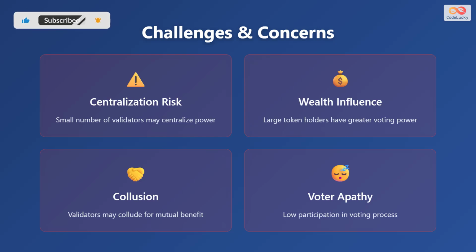Collusion presents a security risk, as validators may cooperate with each other for mutual benefit rather than acting in the network's best interest. Finally, voter apathy can undermine the democratic nature of DPoS if most token holders don't actively participate in voting. A small group effectively controls the entire election process, potentially compromising decentralization.